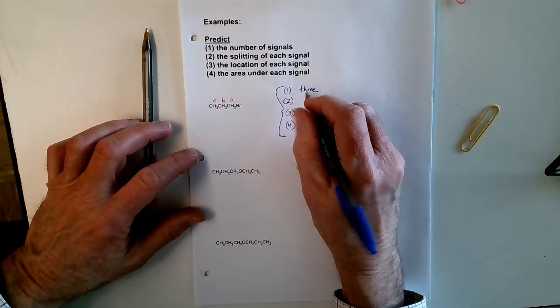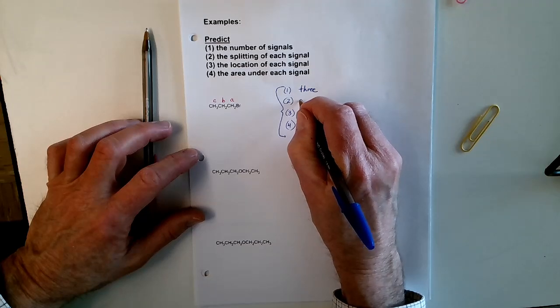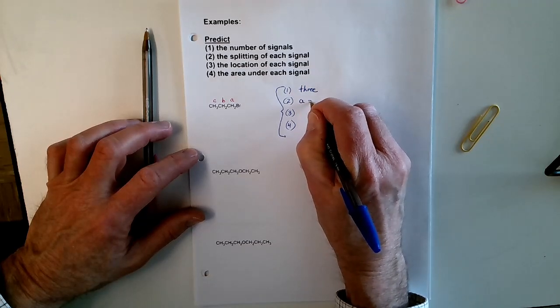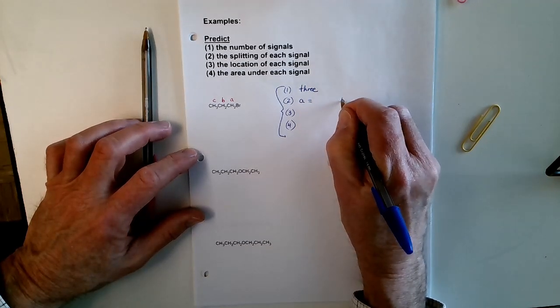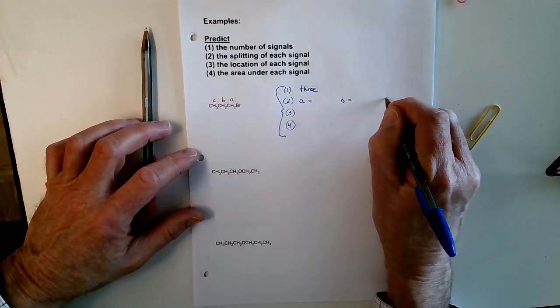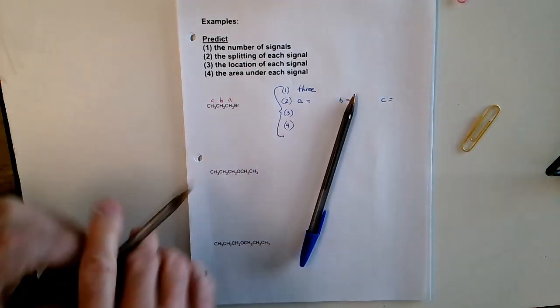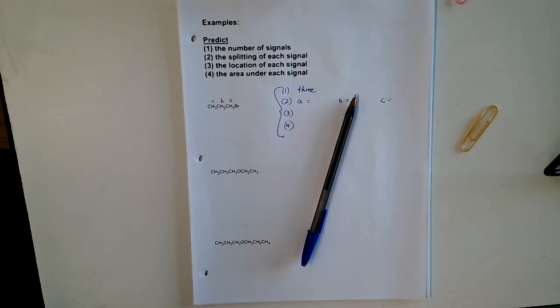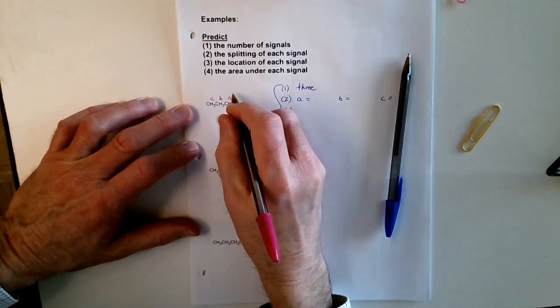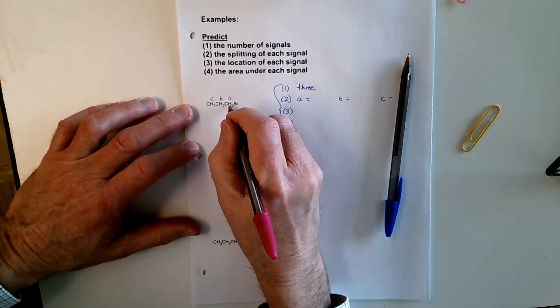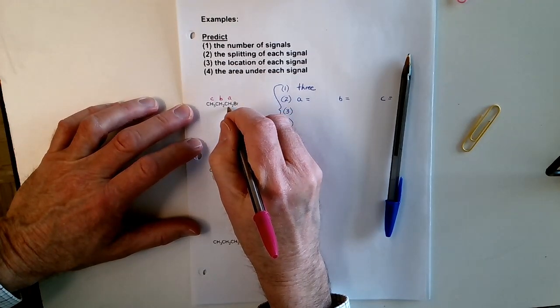Okay, so to begin with, I'll do this as a list format over here, and I'm going to say A is some kind of splitting, and so is B, and so is C. But how about if we connect also to the structure itself, especially as we map the number of signals we should expect. Okay, number of signals in A, how many neighbors does it see?